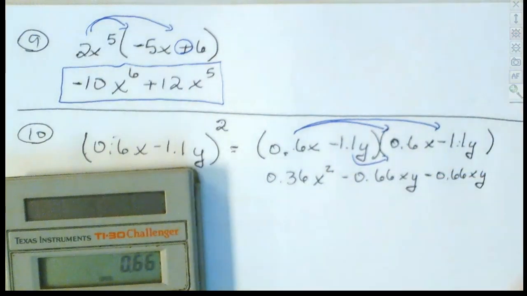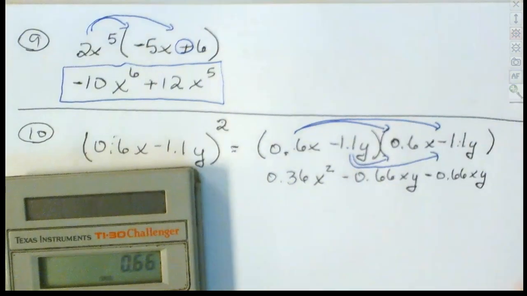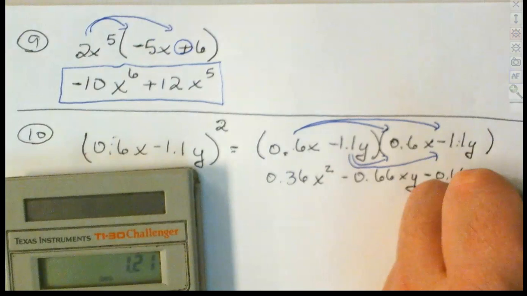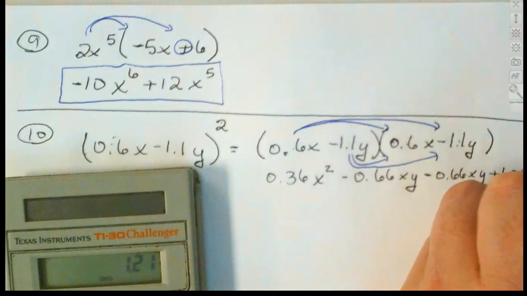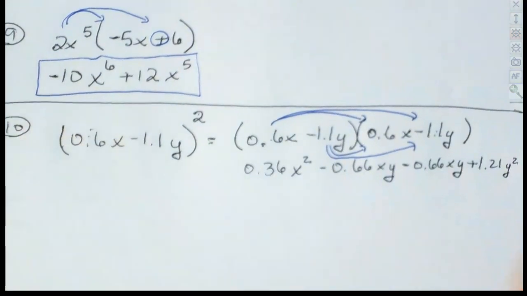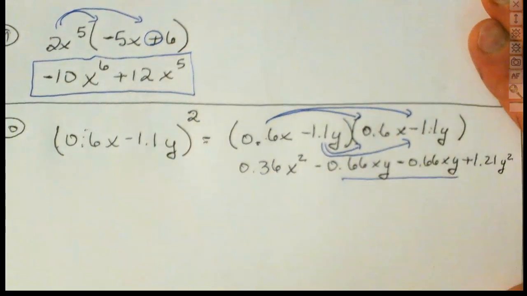And then finally, watch your signs on the last one. Negative and negative makes it a positive. So that's 1.1 times 1.1, and that's a positive 1.21y squared. And what do we know? Well, in this case, we're in luck because the middles can go together.